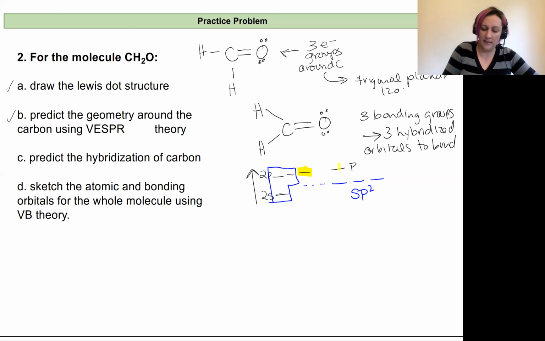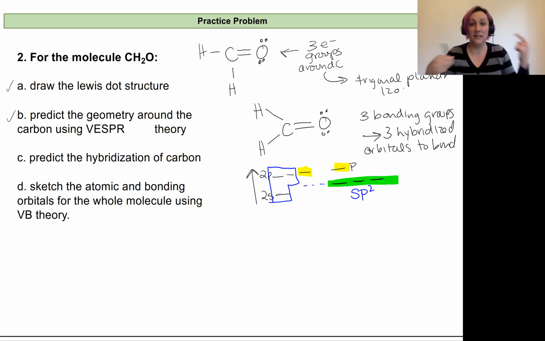So that leftover one's still here, and we have these sp2 ones. I'm going to go ahead and add my electrons to this. I've got 4 valence electrons for carbon. So I've got 1, 2, 3, 4. I've got 1 electron in each.